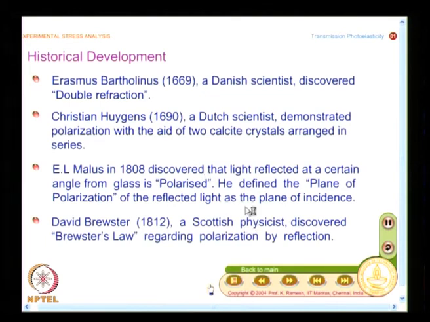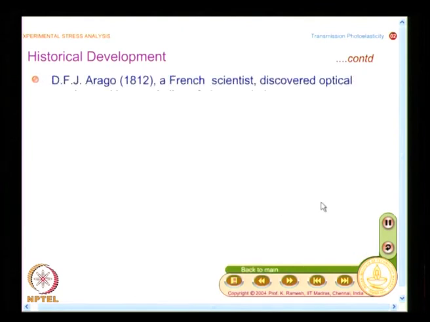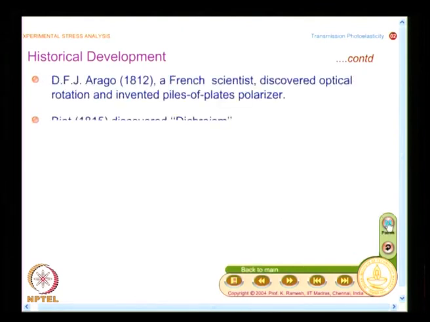And then what happened? What all development took place? You also had Arago in 1812, who invented optical rotation, which you will understand when you look at a half wave plate, as it behaves like a rotator, and he invented the pile of plates polarizer.